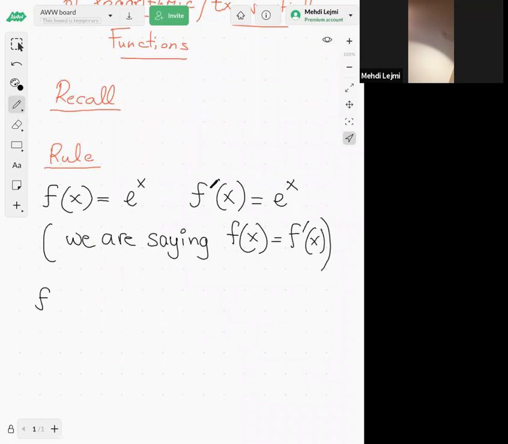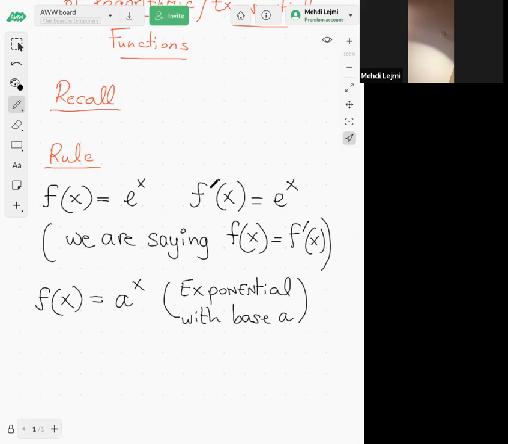Now, in general, if you have an exponential with base a, f of x equal to a to the x, then the derivative f prime of x is equal to a to the x times natural log of a.